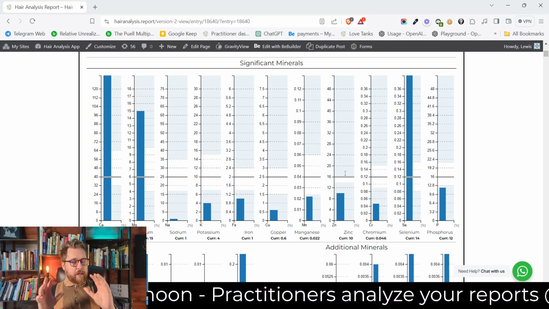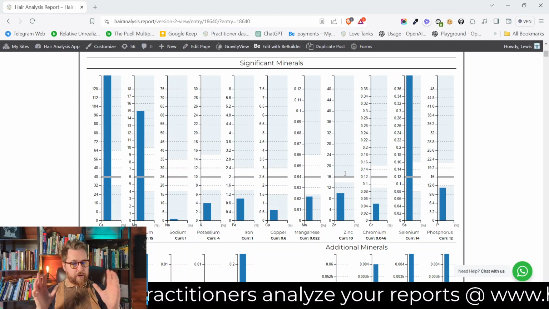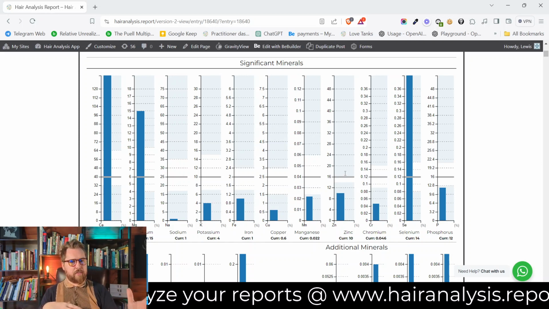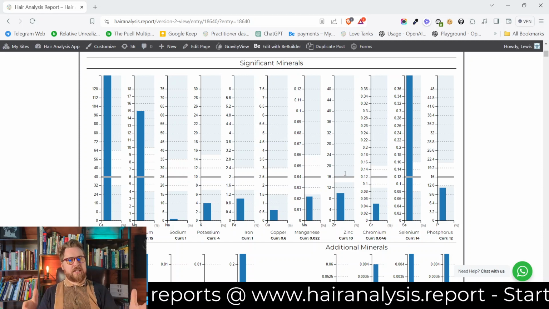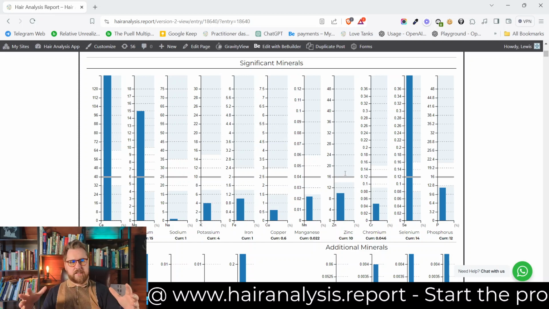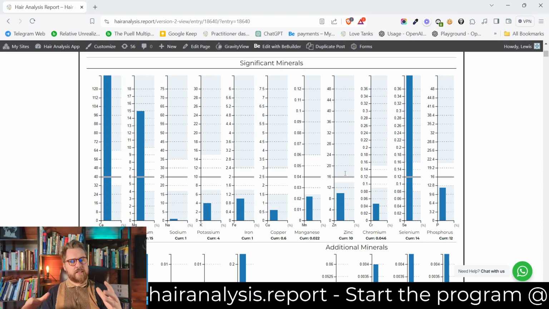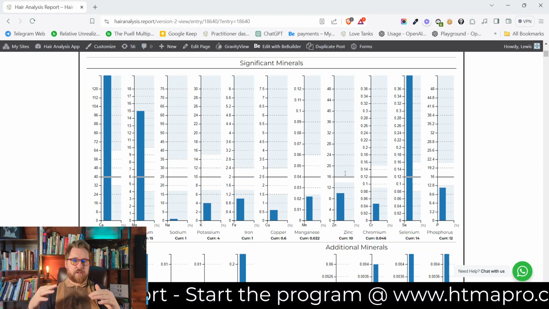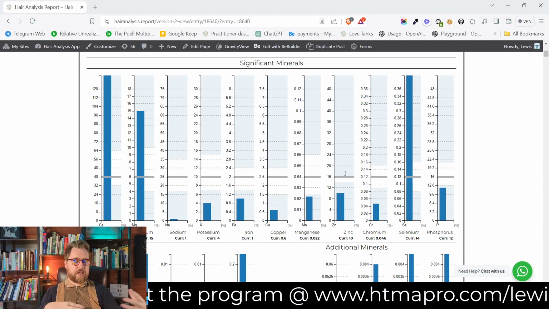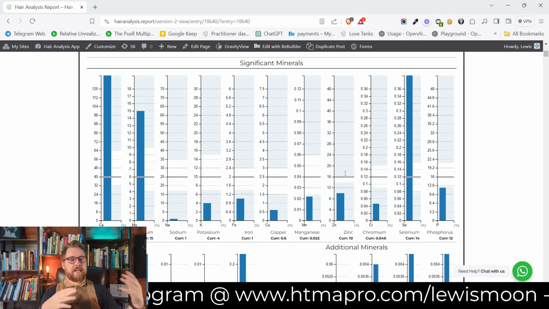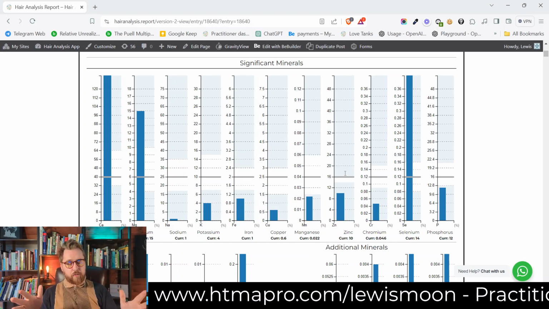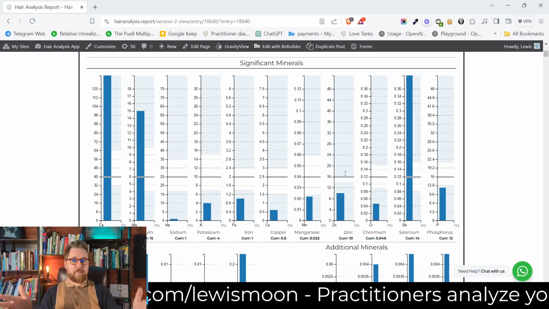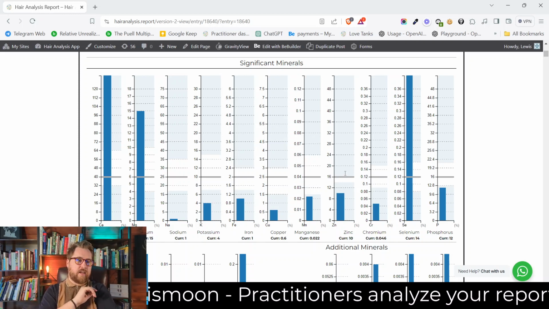Very, very rarely you'll get a hair test that actually looks pretty good on an initial test. If this is the case and the client's got plenty of symptoms, you will say to them, look, your hair test's looking pretty good, but one of the reasons is toxic metals tend to prop up minerals artificially, temporarily. When a person actually starts a mineral balancing program and gets a retest, that's when you will see the true hair analysis pattern, if that makes sense.